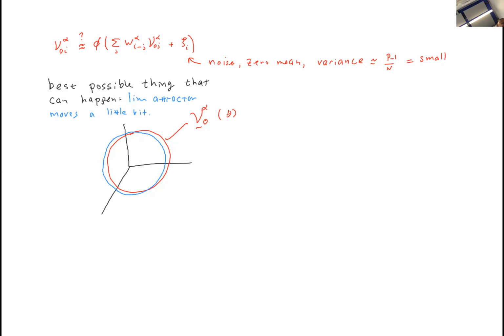And the thing is, line attractors are actually structurally unstable objects. If you want to be zero everywhere along this line attractor, in some sense you're trying to require that some function of theta is strictly zero.